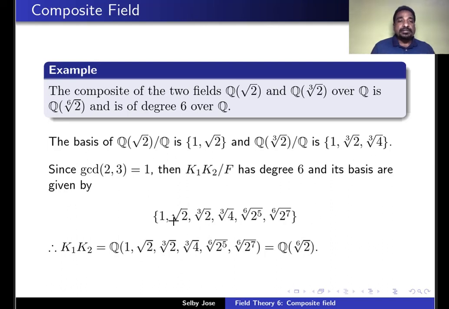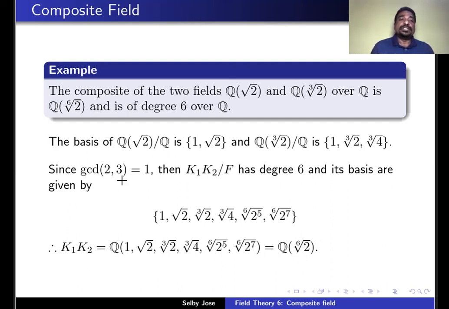Because it is a basis of K1K2 as a vector space over F, K1K2 is generated by these elements over Q, and it is in fact generated by the 6th root of 2, because every element here can be written as a power of the 6th root of 2.